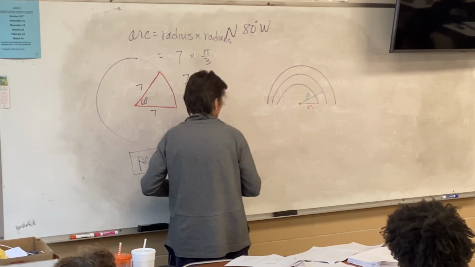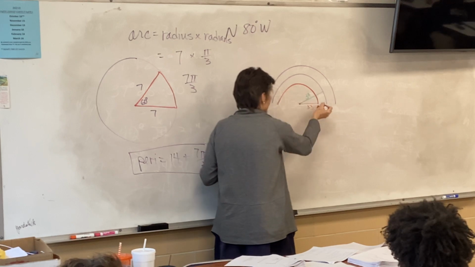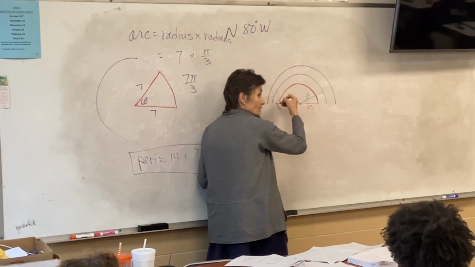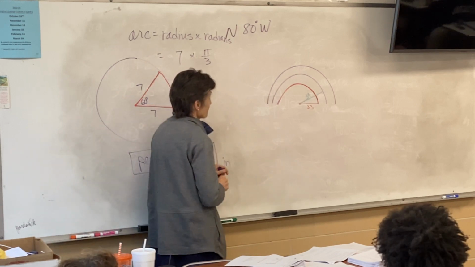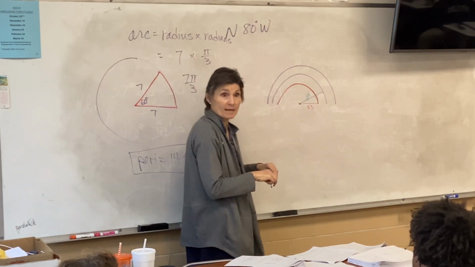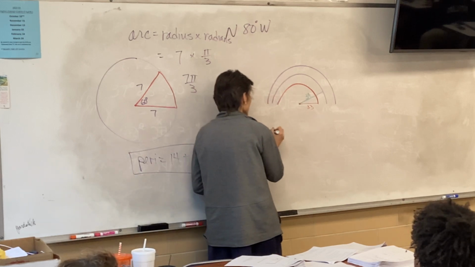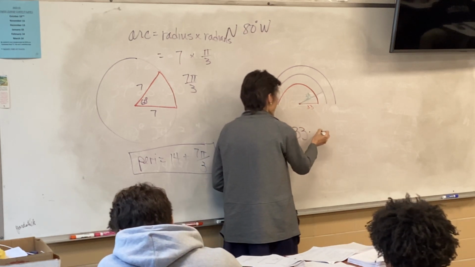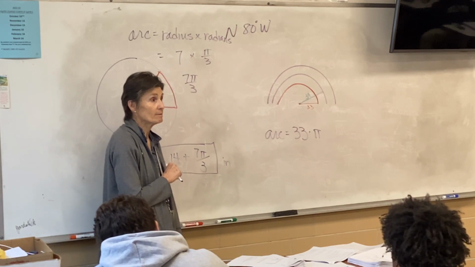So for lane 1, we're going to assume the runner is running on the inside of the lane, right? So we're just going to find that distance right there. How will we do that? Just red. We're only looking at red right now. That's like a 180 degree. Well, we're talking about 180 degrees, which is pi radians. So the arc length will be the radius times the radian measure, which is pi radians, right?